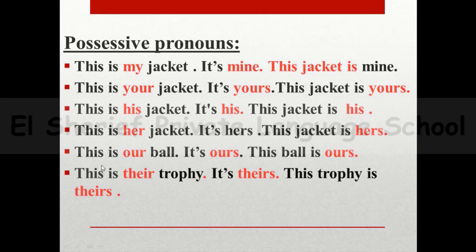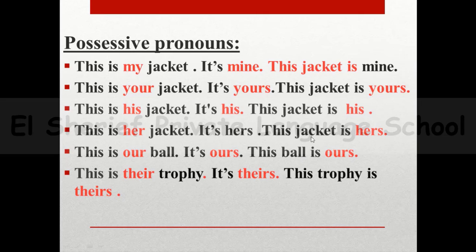Okay, the next example, this is our ball. It's ours. In this example, I cancelled the noun and only put ours as a possessive pronoun. May I say also this ball is ours.